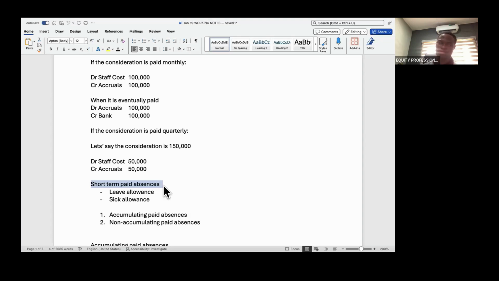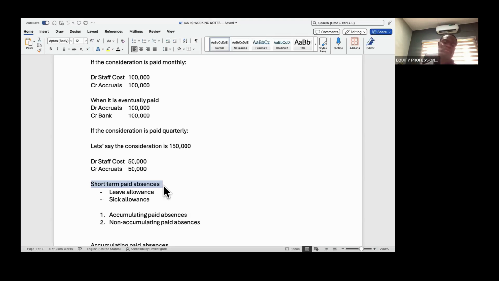So that means at the end of each year, the entity has an obligation because they will still pay it. But if it is non-accumulating paid absences, it means that they will only pay when the event occurs. They will only pay when the employee takes the leave.